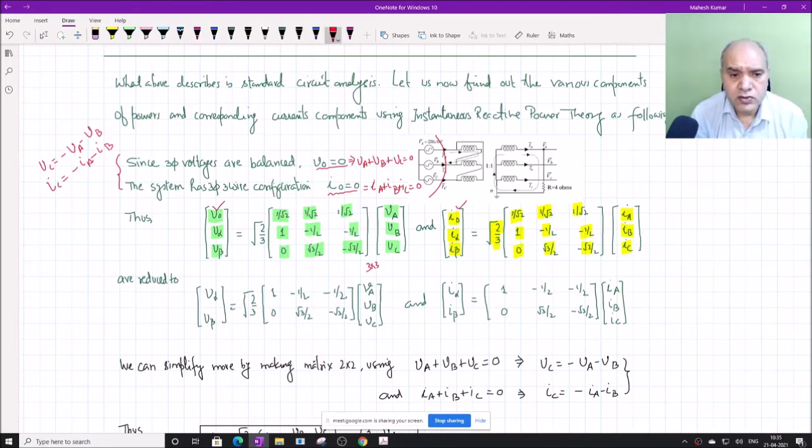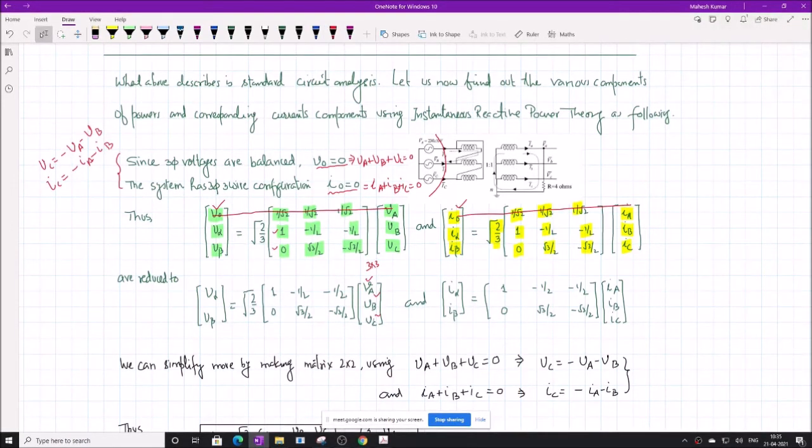Since V0 is 0, this row is gone, both sides, and therefore it becomes V alpha, V beta equals root 2 by 3 times this matrix: 1, minus half, minus half, 0, root 3 by 2, minus root 3 by 2, multiplying VA, VB and VC. And for current we have I alpha, I beta equals the same matrix times IA, IB, IC.